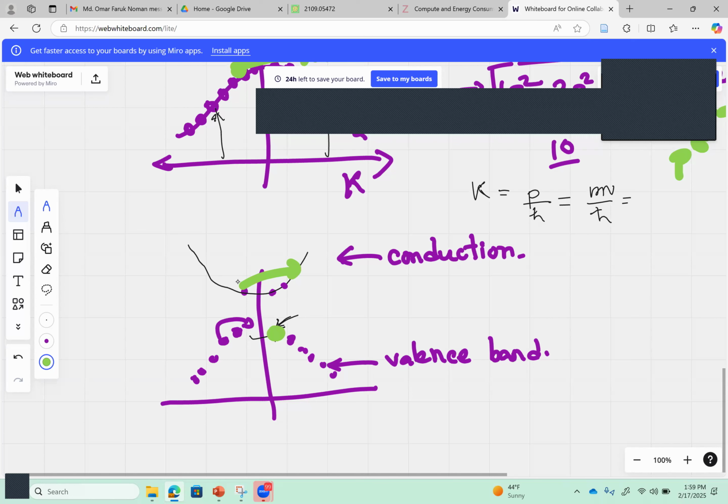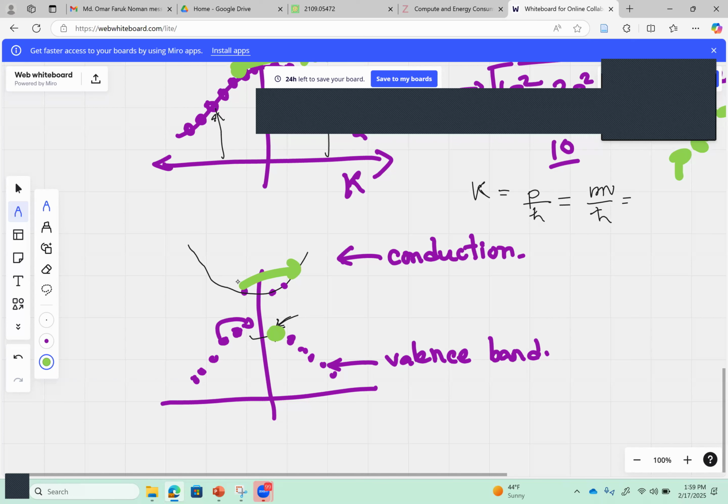You might be able to conduct current if you excite some electrons from the valence band to the conduction band. So heat generation is one way by which you can excite electrons to go from a low level to an upper level. Okay. There are also some other opportunities. For instance, you can excite a material with light, and you can see the current conduction goes up.